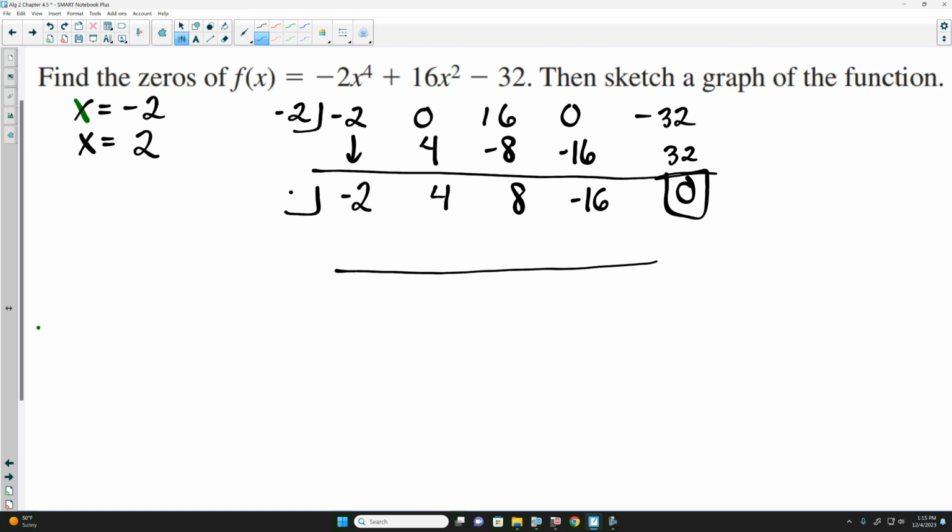Well, we did have another value. We also had positive 2.